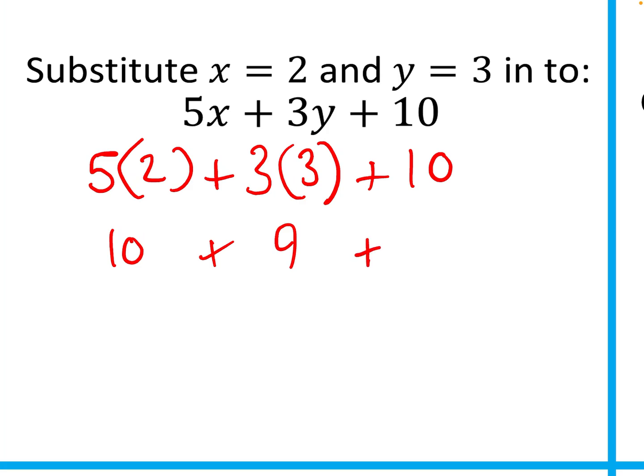The 10 is just as it was before, so I'm just going to write 10. And now we do our addition, so 10 plus 9 is 19, plus another 10 equals 29. And that would be my final answer, 29.